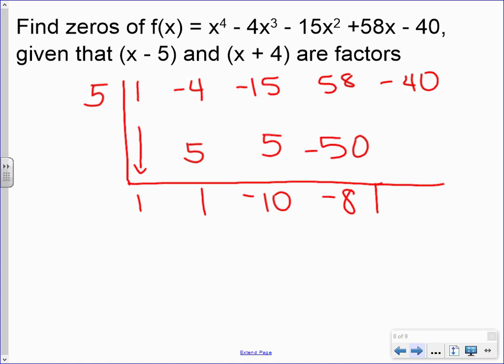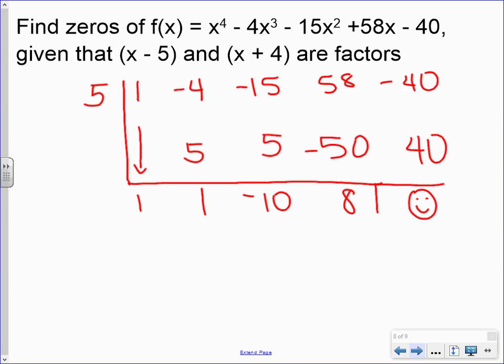And -8 times 5, positive 8. 8 times 5 is 40. We add to get 0. If I'm telling you that it's a factor, that should happen. If I tell you that it's a factor and you don't get a remainder of 0, you need to go back and fix your work because you have made a mistake.